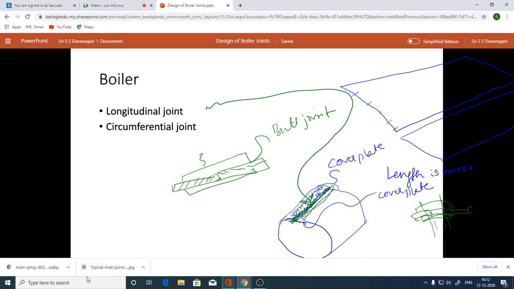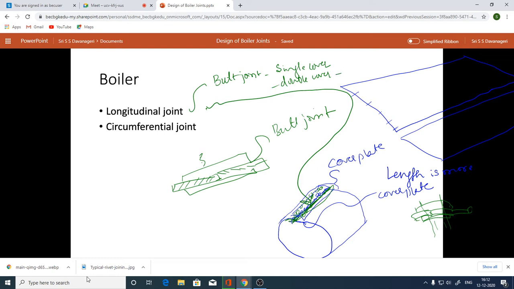This longitudinal joint is always a butt joint. Sometimes they may use a single cover or a double cover.